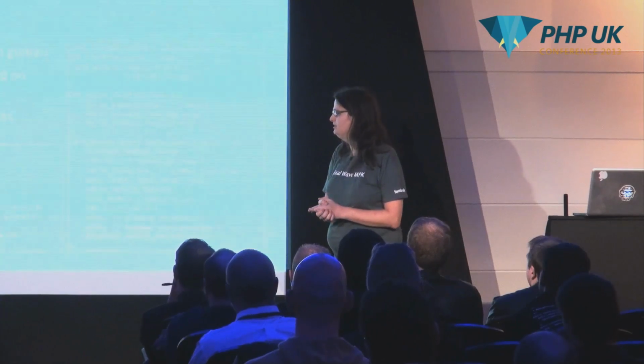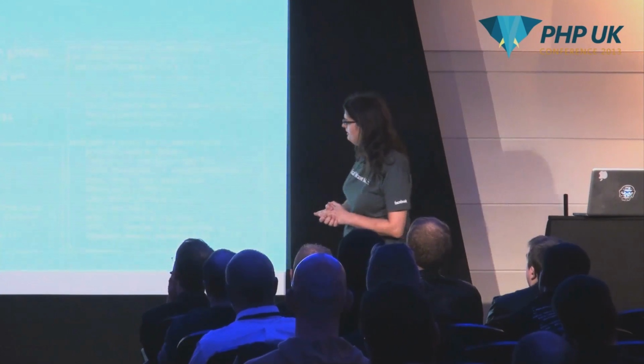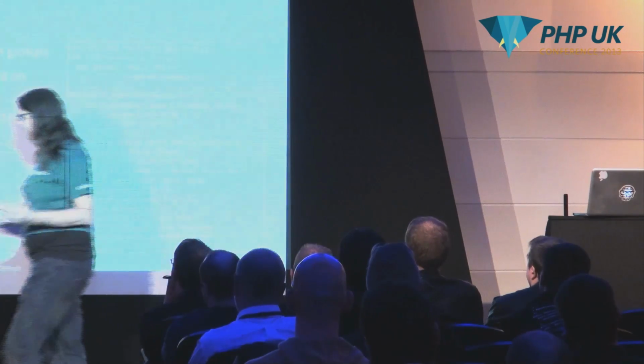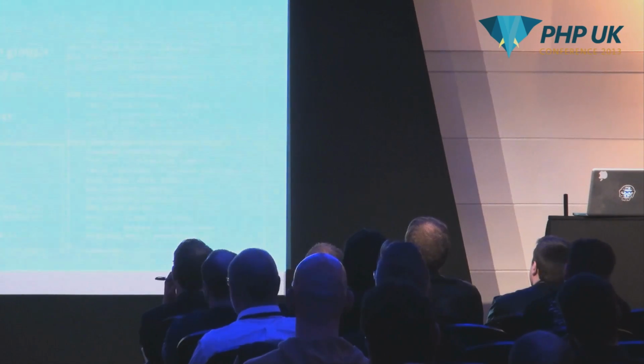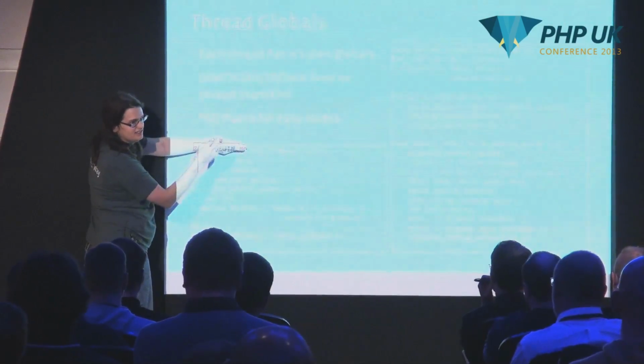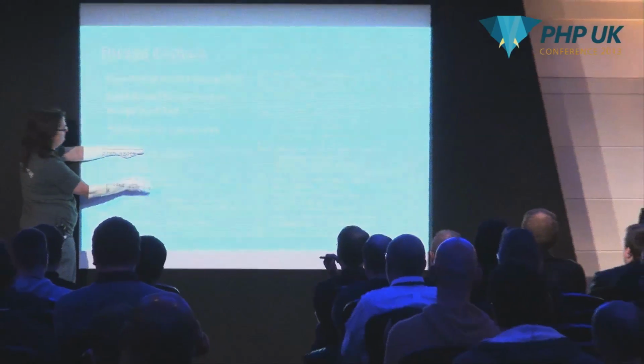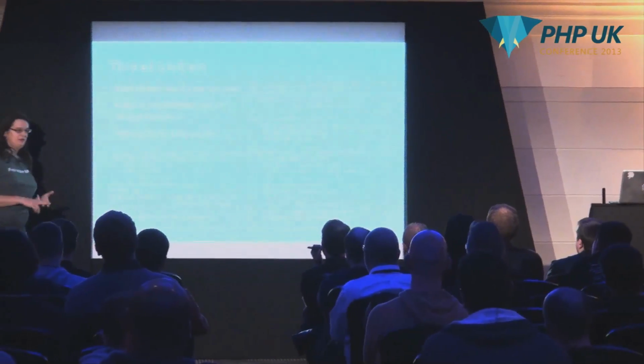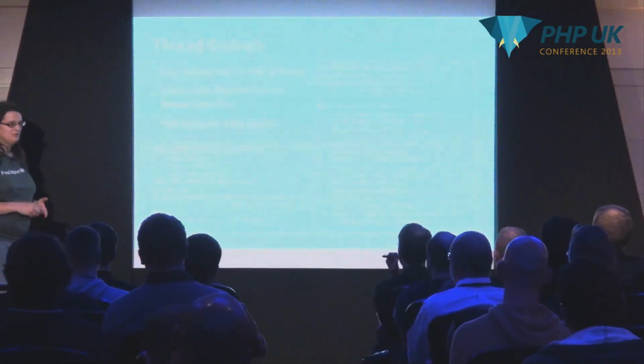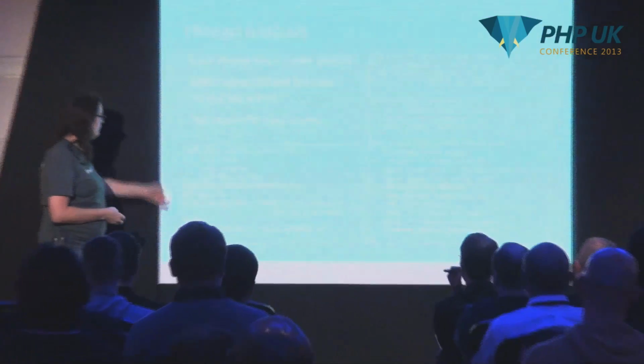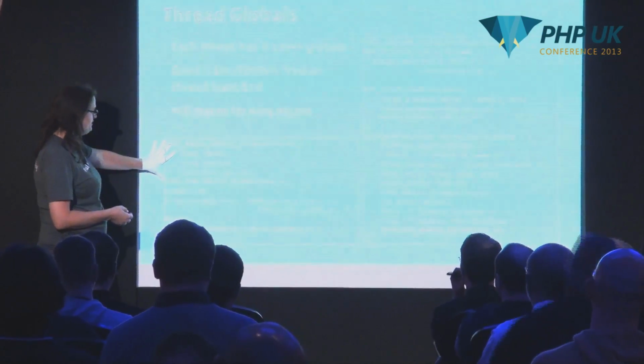So thread globals, looking at those again. If you're in a single threaded application, you kind of don't care about this. You can ignore all this extra stuff, and you just say, well, I've got a global, and I'm going to access it. And I don't care. I do what I want. But because PHP might get loaded into a threaded environment, you might be using it in Apache 2 Worker, we need to have these structures defined here.